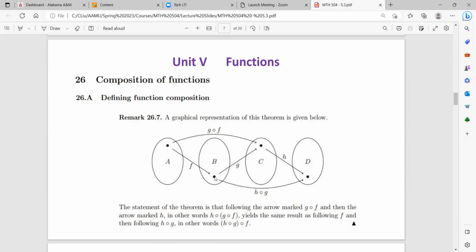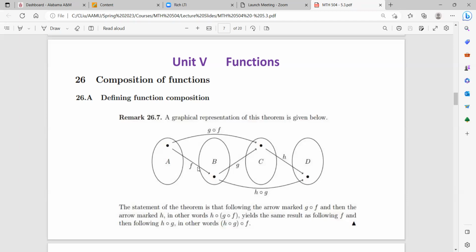But you can do it in another way. You can map from B under the mapping of H compose G to D. So this time you just map B to D directly by the composition of H and G. Again, it maps to a unique element in D, and then you map F at the back, from A to B. So at the end, you map the element from A to a unique element in D, the same as the first path of composition.